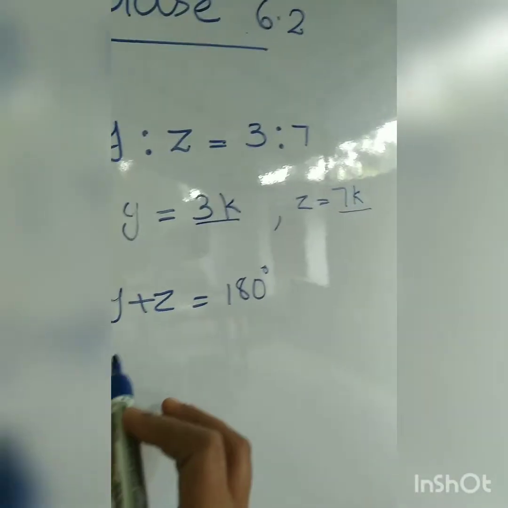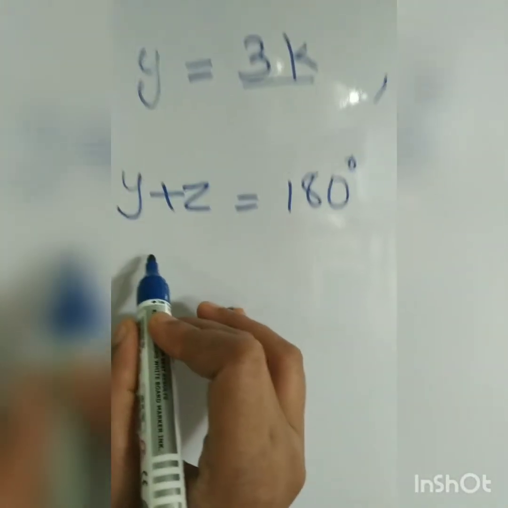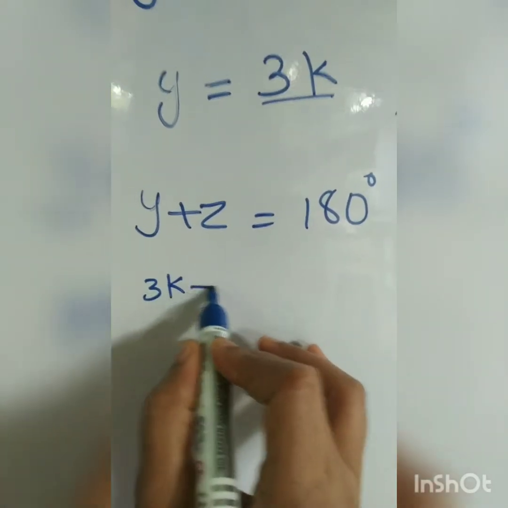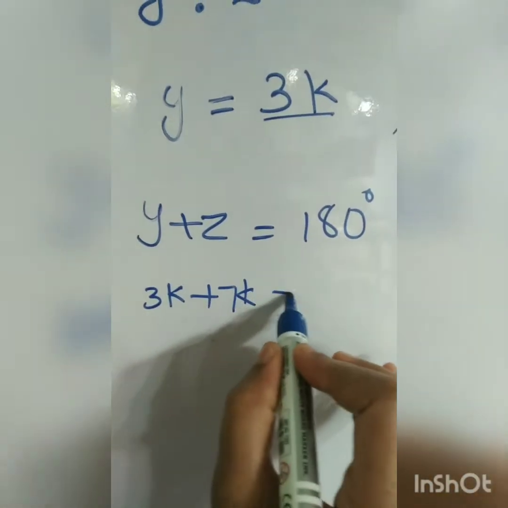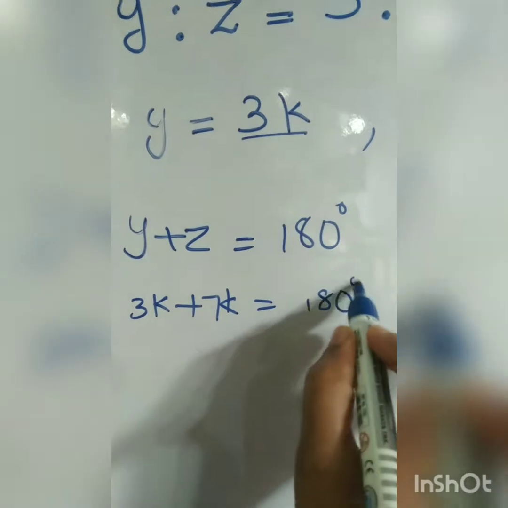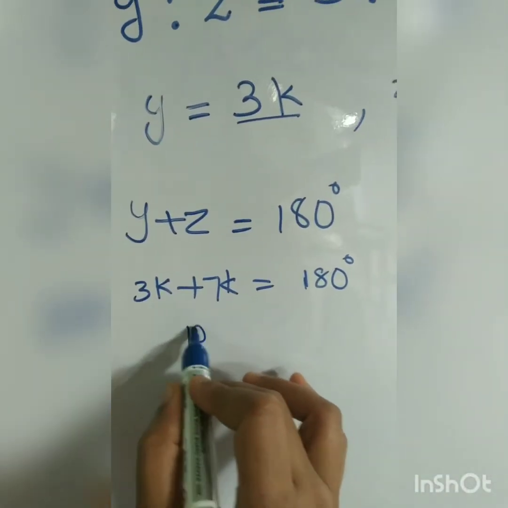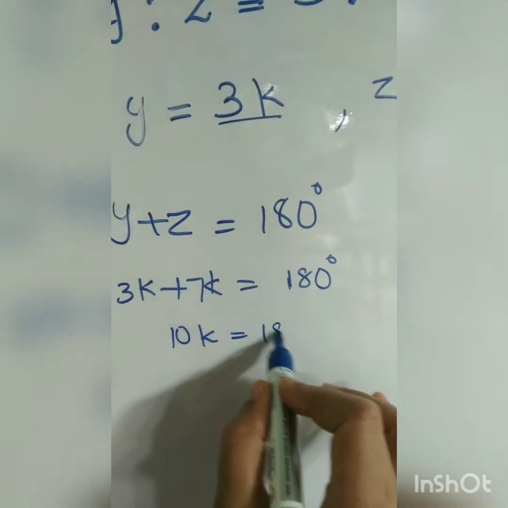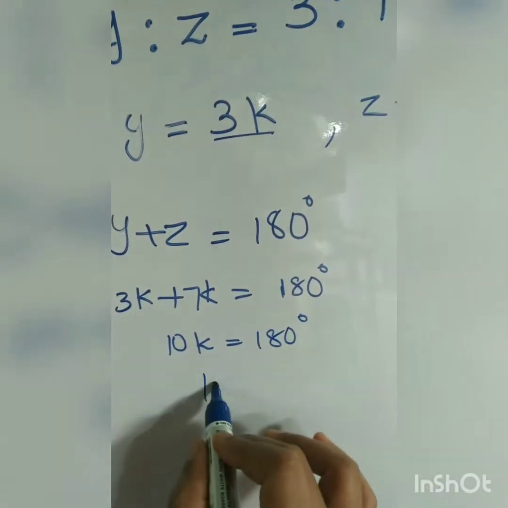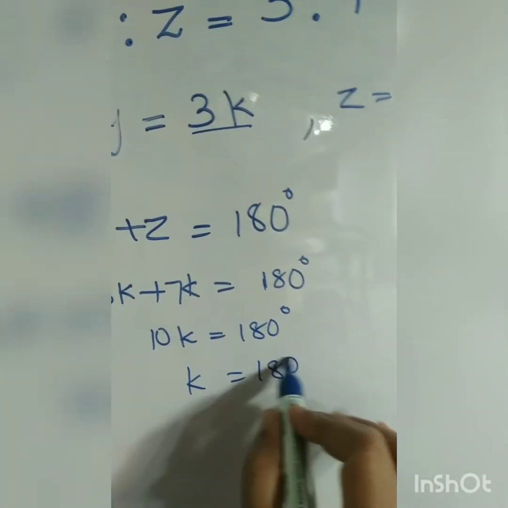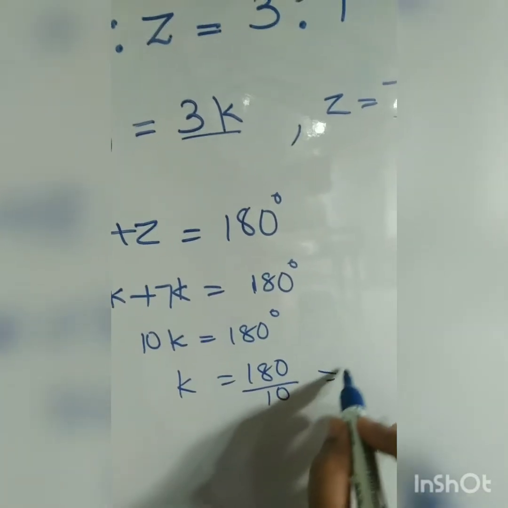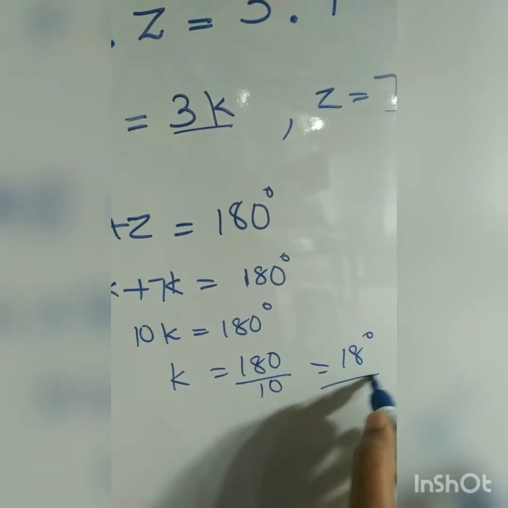So 3K plus 7K is equal to 180 degrees. 3 plus 7 is 10, so 10K is equal to 180 degrees. So K is equal to 180 divided by 10, that is equal to 18 degrees.